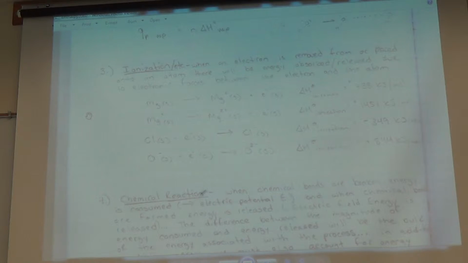Why is it so much higher the second time around than the first time? The attractive force between the nucleus and the electron is much greater, because the electron is much closer to the nucleus. Yeah. In the first one, you had a neutrally charged species, and there was some attractive force between the nucleus and the electron.